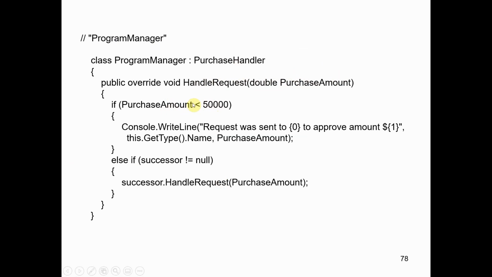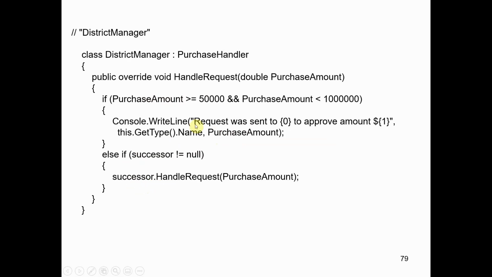If it is less than 5,000, of course the program manager will handle it. Otherwise, if it's more than 5,000, it will check if it has a successor or not. If it has a successor, then it forwards the request to the successor.